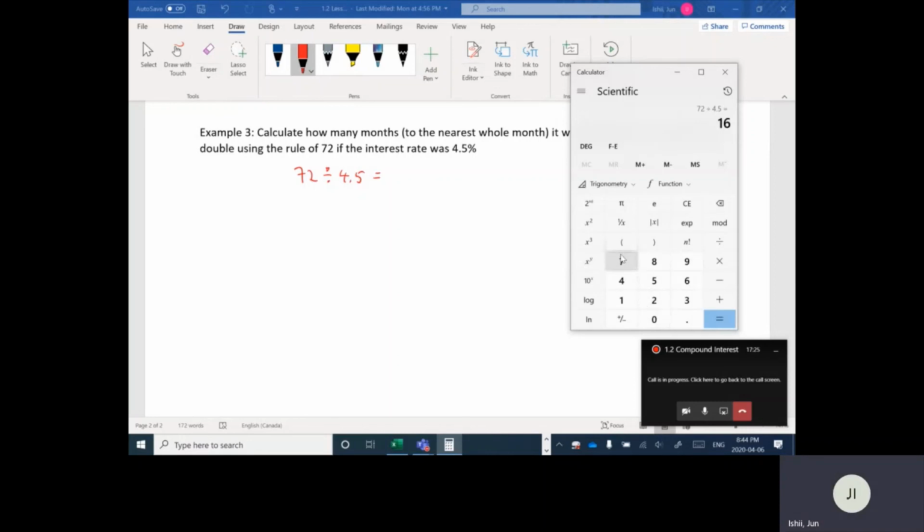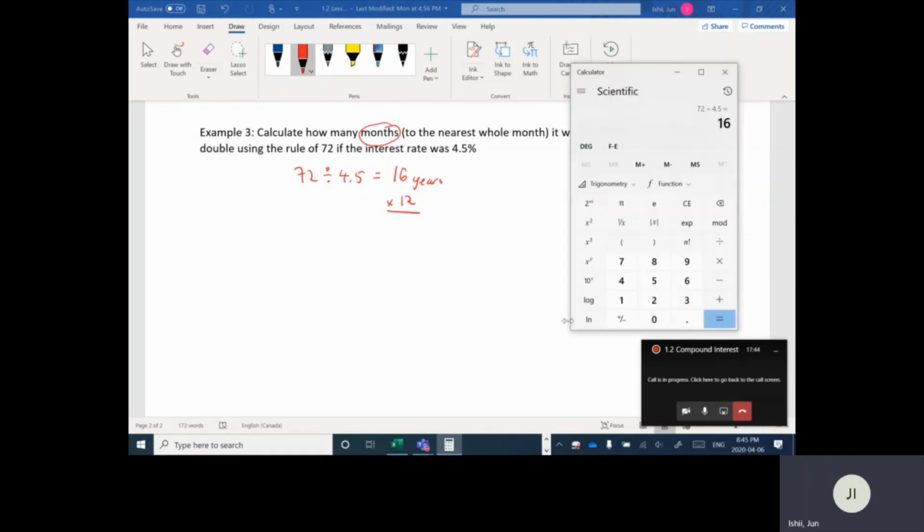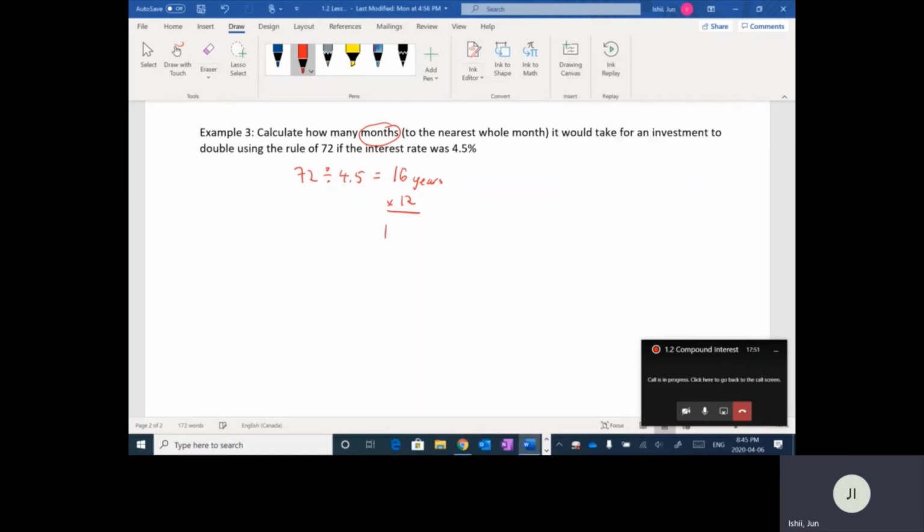Now, the thing though is the 16 is the number of years, and the question's asking for the number of months. So if it's 16 years, we want to multiply it by 12 to convert it to months. So 16 times 12 is 192 months.